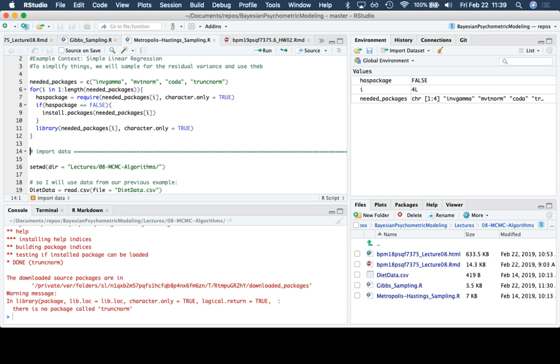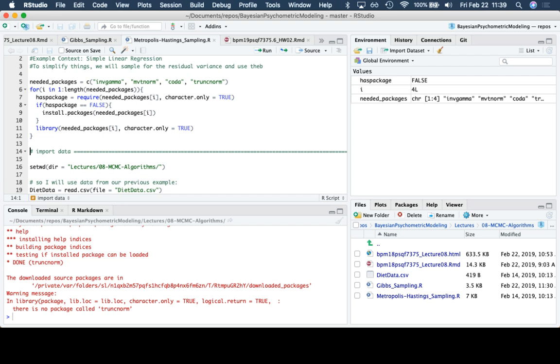The Jeffreys prior, by the way, you can use Gibbs sampling for. Jeffreys is not conjugate, but you can figure out the posterior. So the key to Gibbs is, can I derive what the posterior is, what we call the complete conditional distribution of the posterior? If the answer is yes, Gibbs, right?